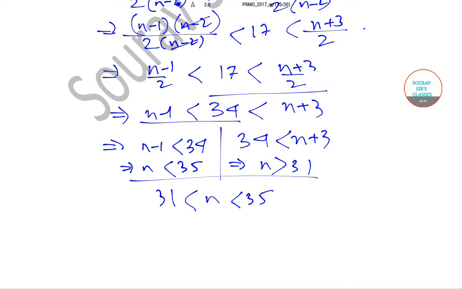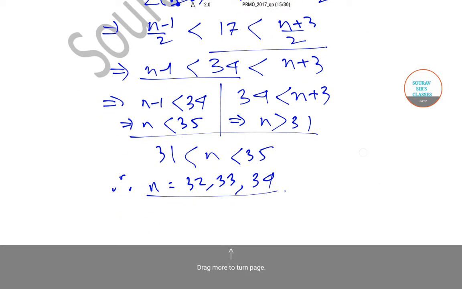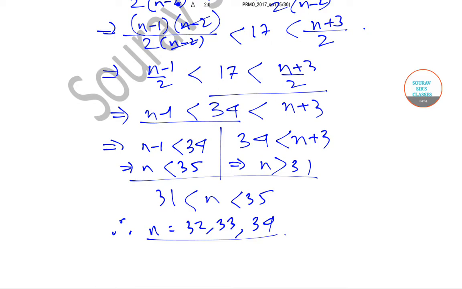Since n is an integer, the probable values of n are 32, 33 and 34. We have to check each of these values of n to find the required number.